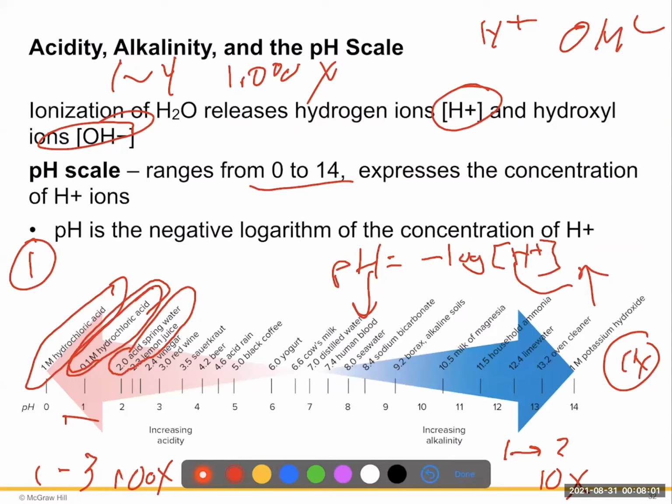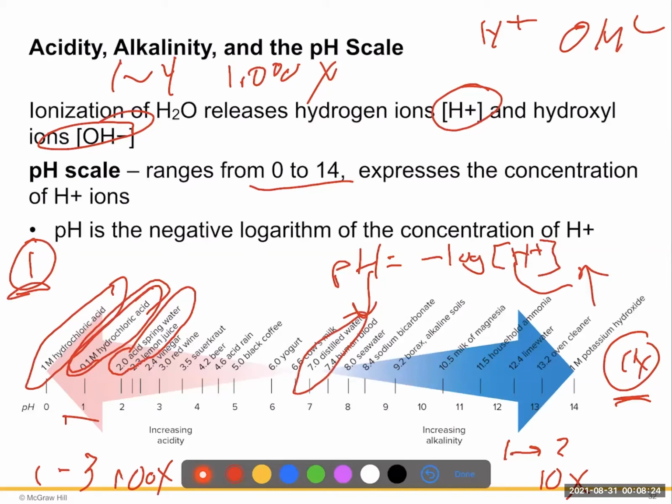When they burn the guy's hand to make the tattoo, they put on a base, some hydroxide, and it burns right through your skin because it has a high OH concentration. So both ends of the spectrum are extremely dangerous to the human body. The middle is 7. Distilled water has a pH of 7.